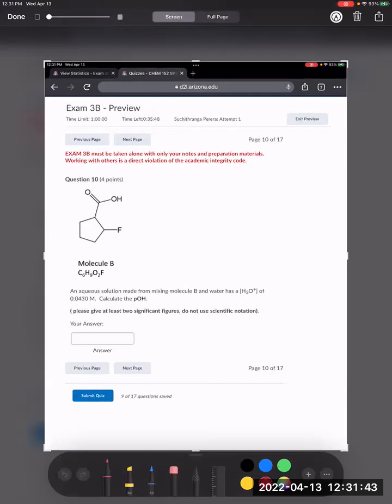You know the H3O+ concentration, and pH is minus log H3O+ concentration, which is minus log 0.043. That is 1.36.